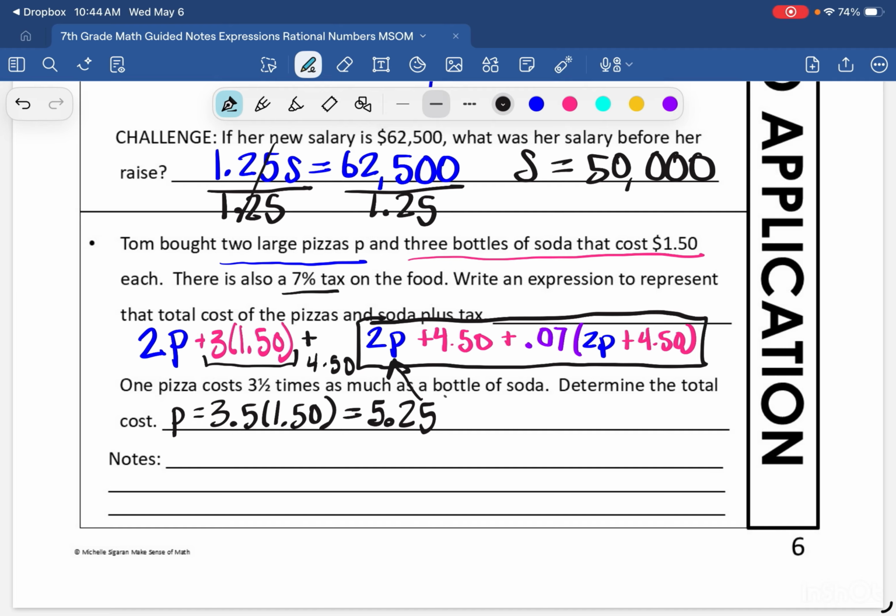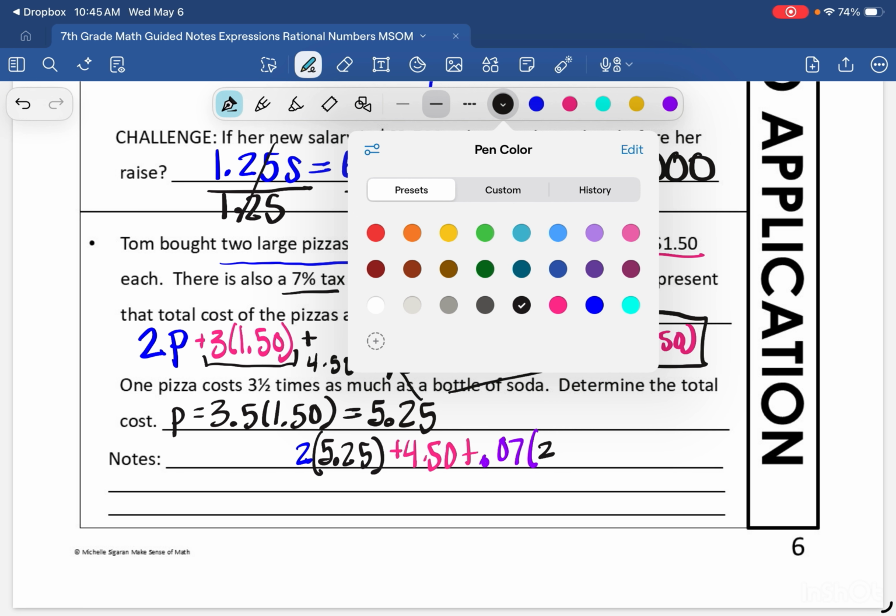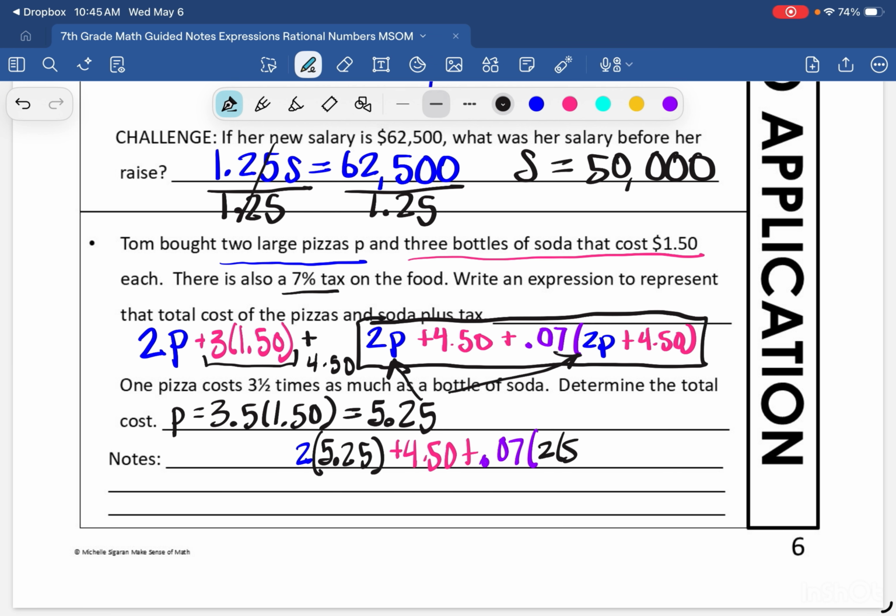So now let's substitute 5.25 in for P. We get 2 times the cost of the pizza. I'm going to use parentheses so I don't get confused there. Plus 4.5 for the 3 bottles of soda. Now we're going to do the tax, which is 0.07 times the 2 pizzas plus the bottle of soda.